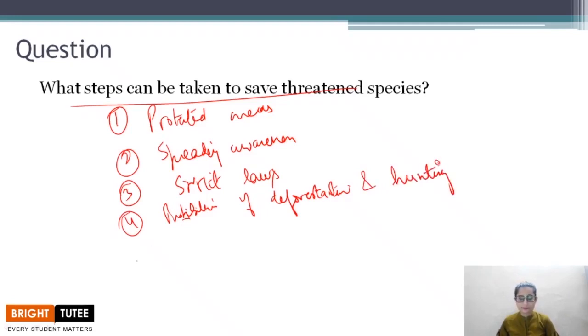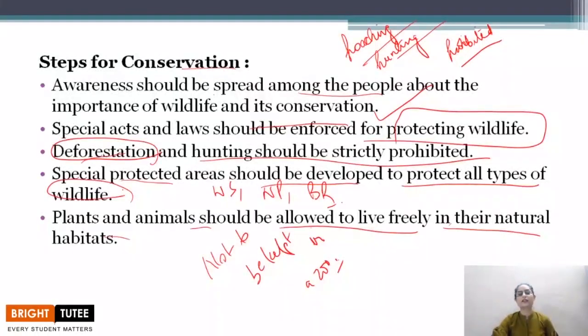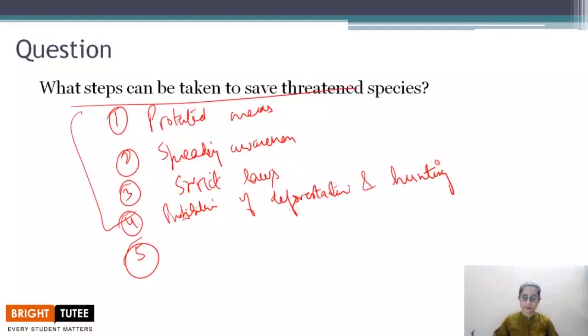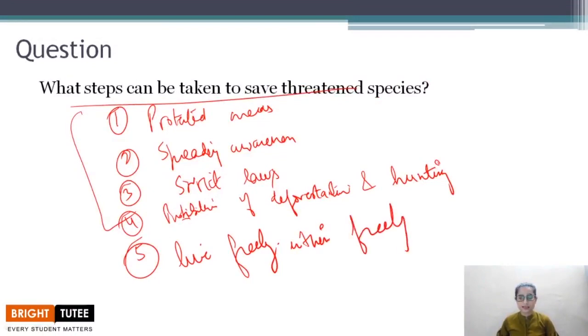Right? So basically these 4 points are enough, but if you need more, you can consult the lecture. The last point is that plants and animals should be allowed to live freely in their habitat, right? I am just writing the keywords. So these are some steps that can be taken in order to protect the threatened species, right?